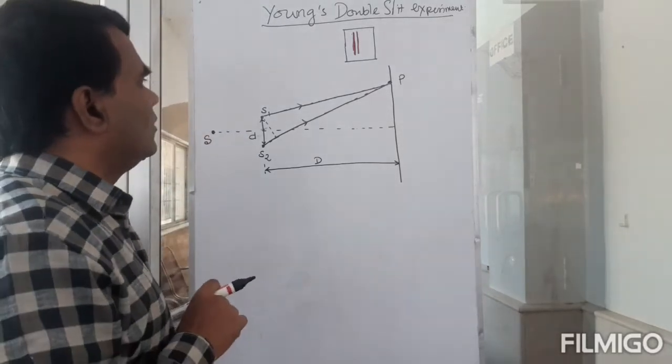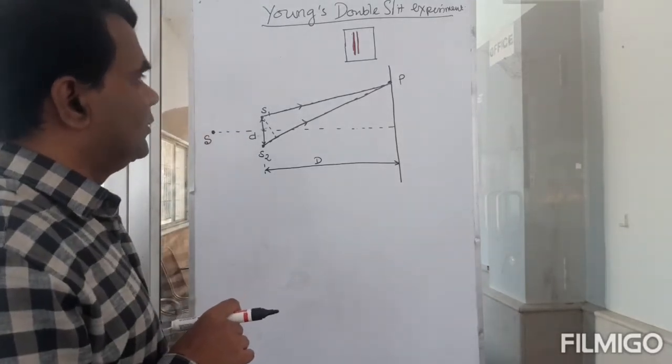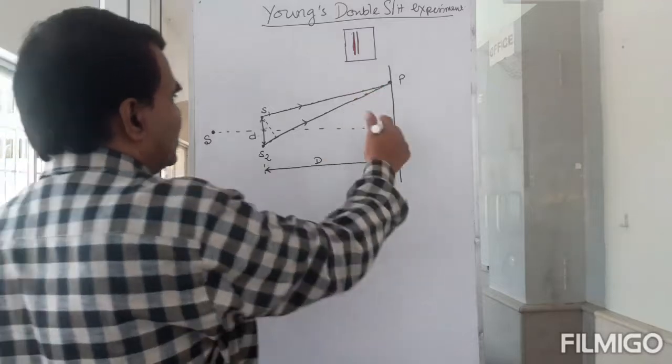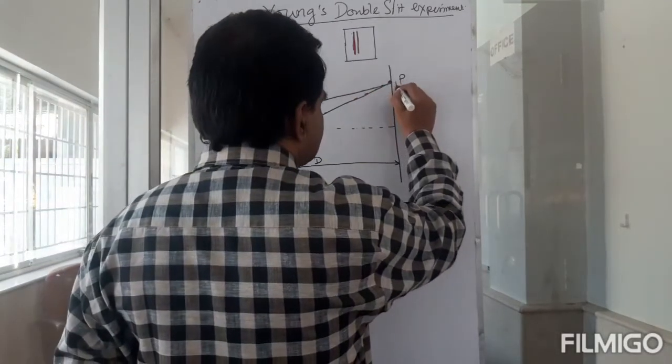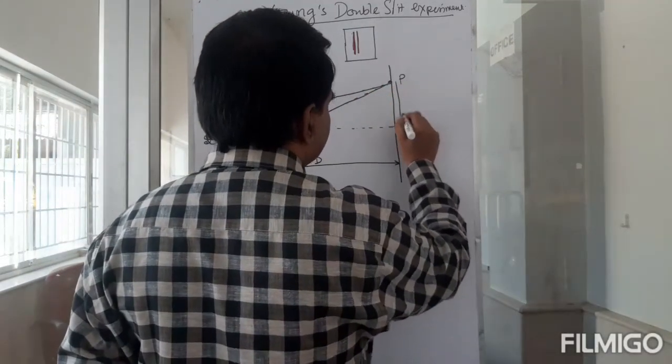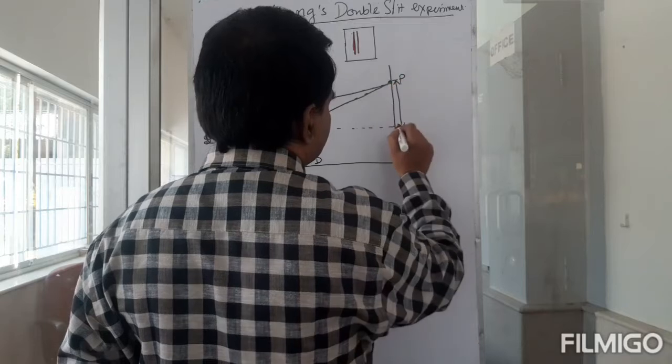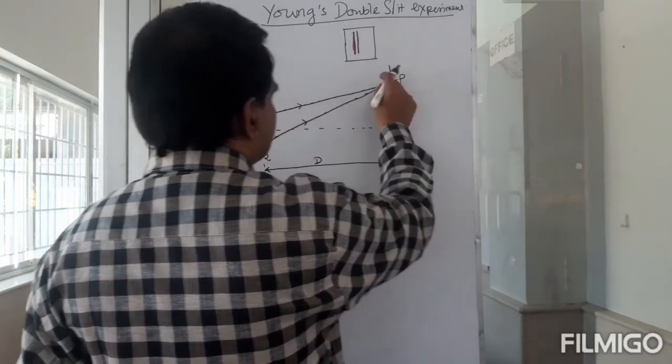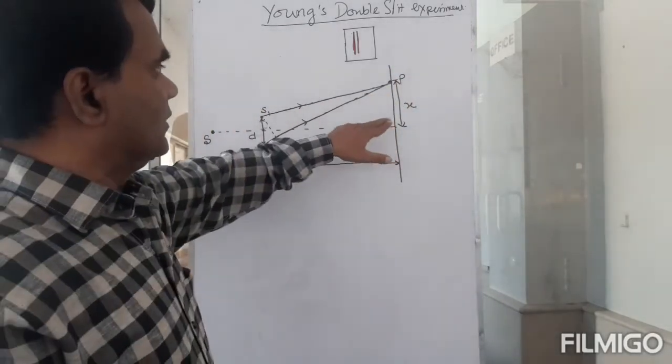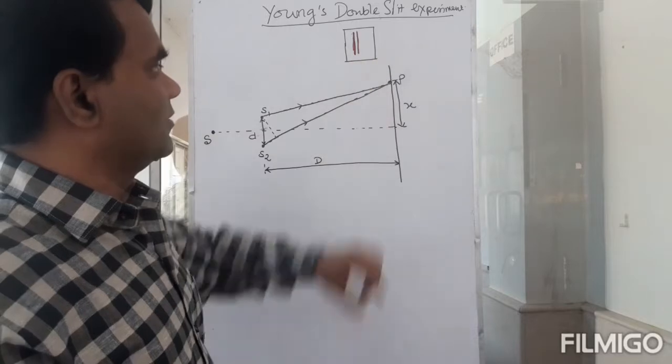So how do we find this? This point, let's say I'm looking at distance x from the center. So the location of the point is x distance from the center.